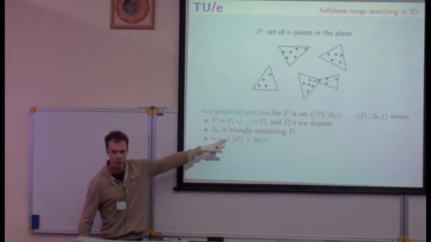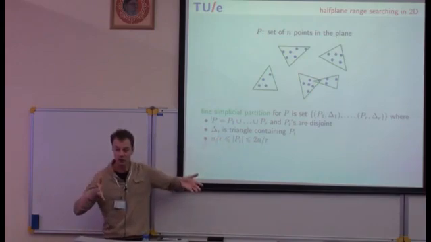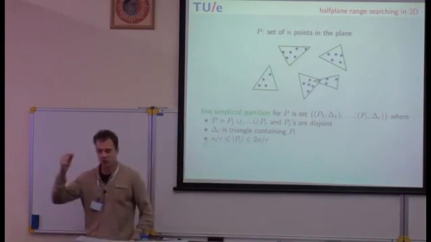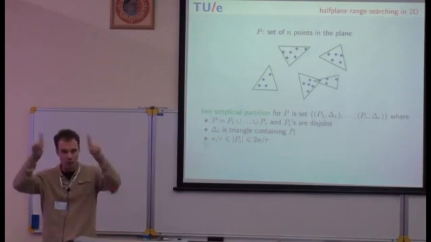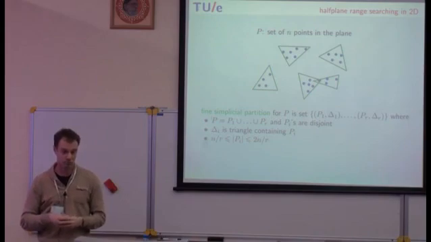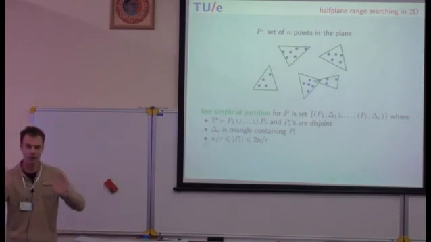So how was this for the binary search tree? I had 2 subsets, and then if it's completely balanced, then each of them has exactly n divided by 2 points, or maybe round it up or round it down. And if you have a red-black tree or AVL tree, it's slightly different.